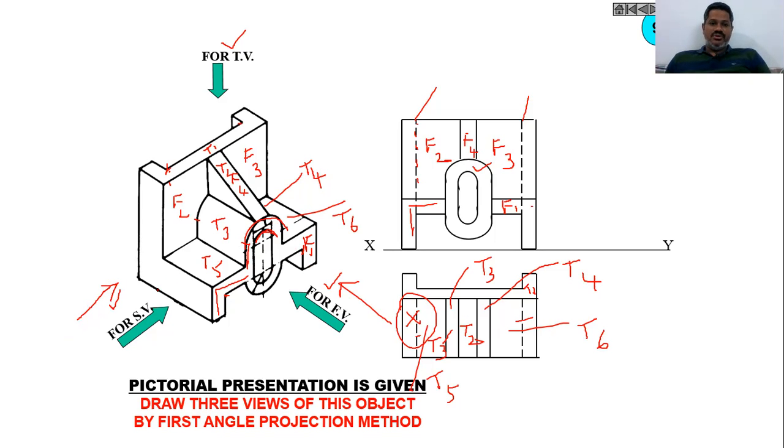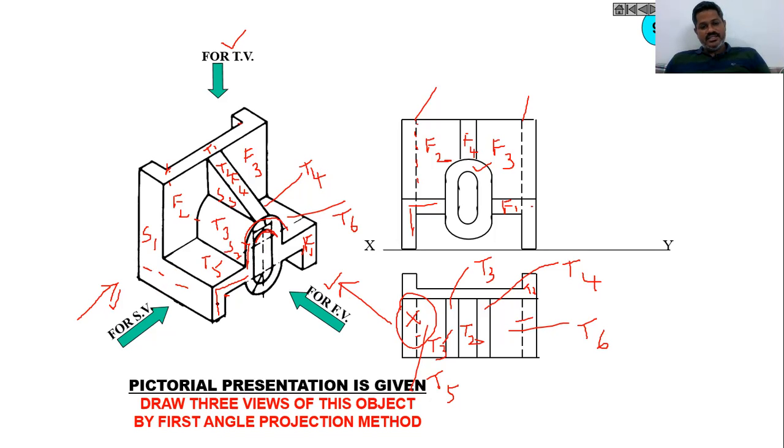When I see this component from the left, you will find this face, S1 face, and similarly you will find this S2 face, of course. Then similarly you will find S3 face here. So S1, S2, S3, and we will find one dotted line here.